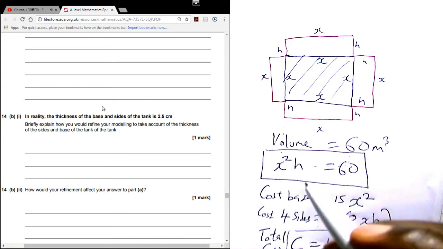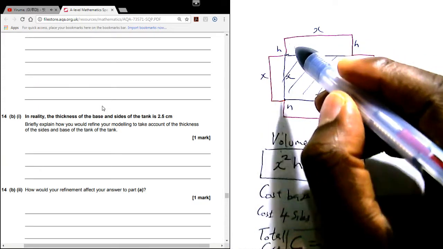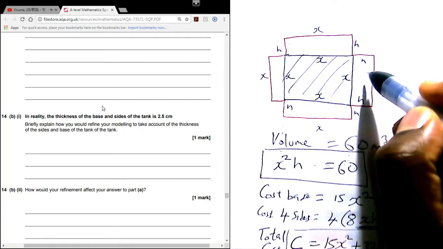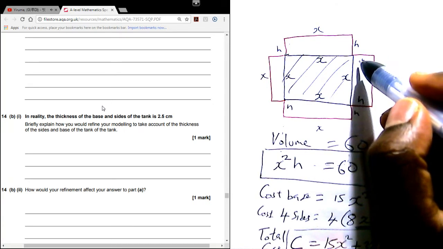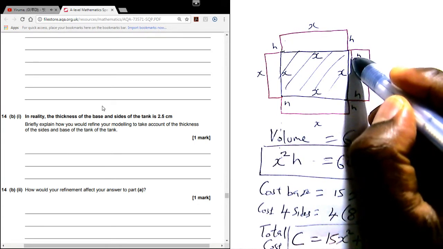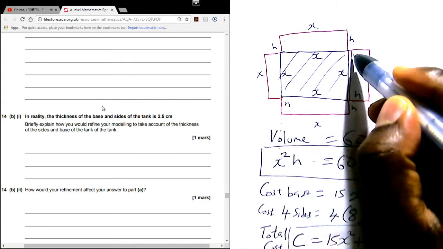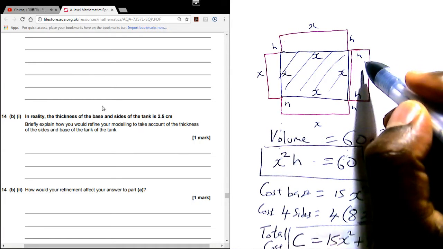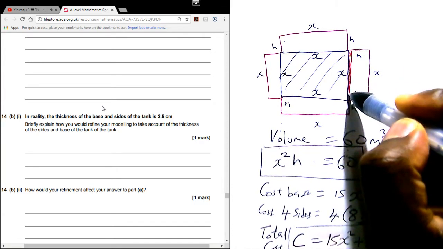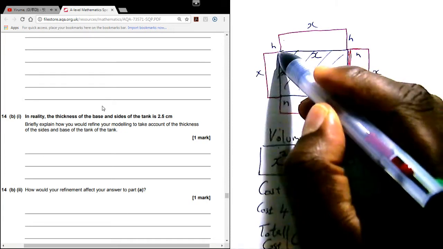So what you would expect in a real life situation is that this base would not start from the, it's not a plain sheet. So there's going to be that extra height, which is the thickness of the base, on which the sides would sit. It's going to be like a layer higher than the ground, obviously. And that would be there. It would also be here.